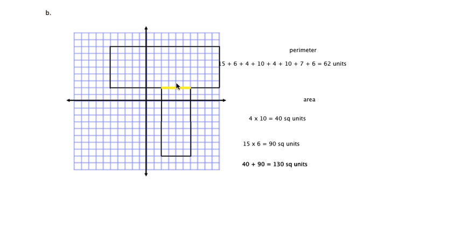And our area, after I cut these two rectangles, I had 4 by 10 for our bottom rectangle, which is 40 square units. And our top rectangle was 15 by 6, which is 90 square units. And 40 plus 90 square units is 130 square units.